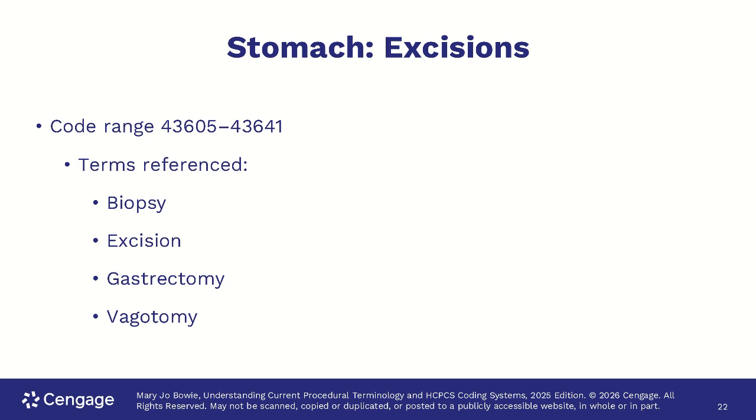I personally, and this is just a personal preference, when I'm coding a procedure on a body part, tend to want to go to the body part first and then the procedure, because I don't want to see the other body parts. All right. So biopsy, excision, gastrectomy, vagotomy. A vagotomy is cutting of the vagus nerve with the intent of reducing acid secretions.